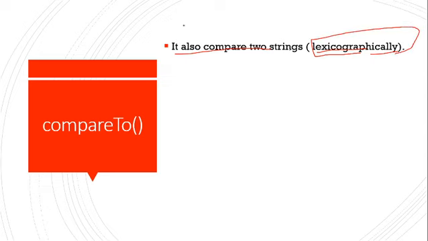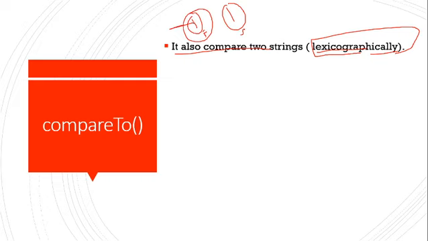Lexicographically means it will first check the first character of the first string against the first character of the second string. It converts them into Unicode because Java is based on Unicode.